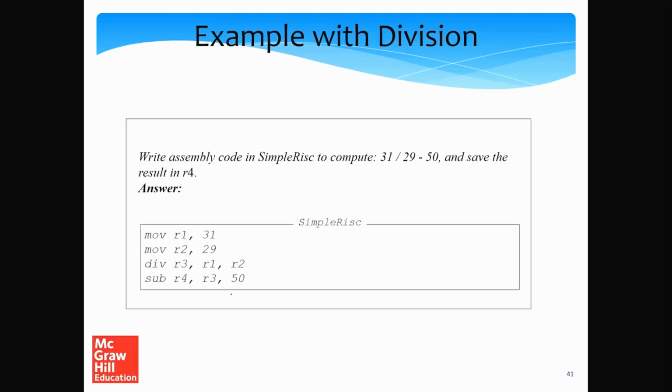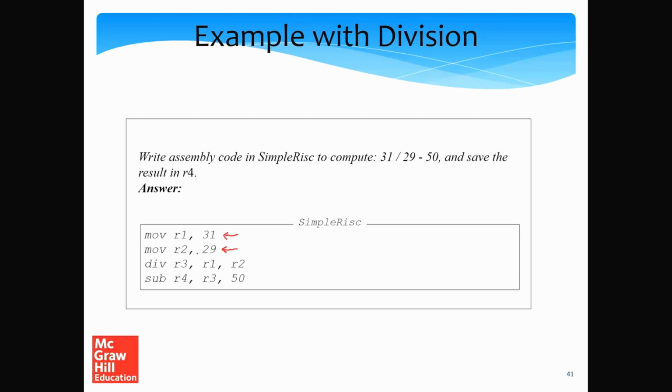Now let's show some more examples. Let's say write assembly code in simple RISC to compute 31 divided by 29 minus 50 and save the result in R4. No problem. Mind you, this is integer division. So 31 divided by 29, the answer will be 1. Let's map 31 to R1. Let's put 29 in R2, as can be seen in these two statements.